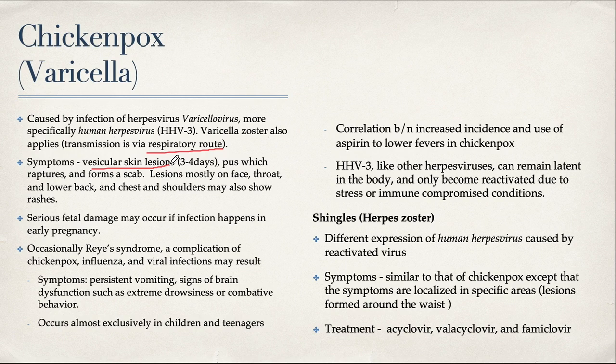Occasionally, you may have a complication that will result in a condition called Reye syndrome. Reye syndrome is a complication of chickenpox and influenza and other viral infections, and it's very fatal. At least it was fatal. It caused about 90% fatality in those that got infected.